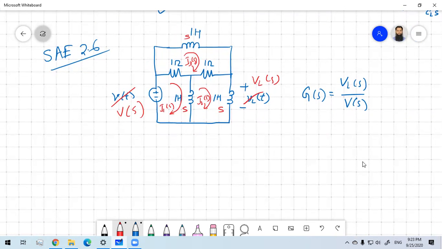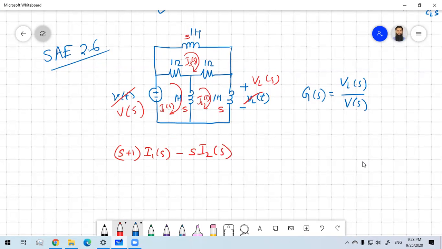For the first loop, what we have is S plus 1, times I1S. What is common between the two is S, so minus S I2S.